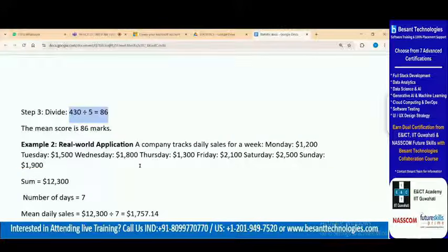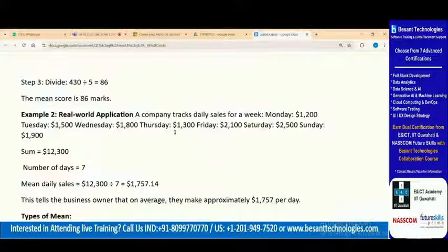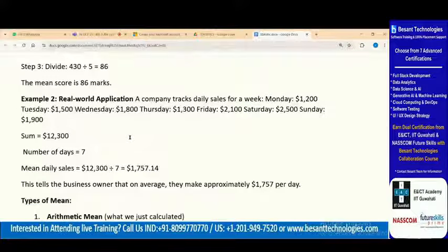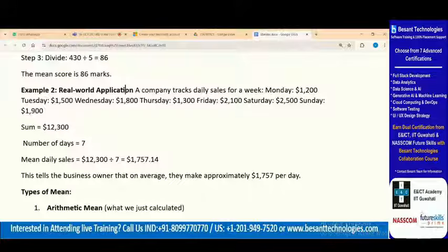Secondly, I'm taking one more example, a real world application, where a company tracks its daily sales for a week. On Monday it is tracking this value, Tuesday this value, Wednesday this value, Thursday, and so on. I take the sum of all the values and divide by the number of days, and I get this value.